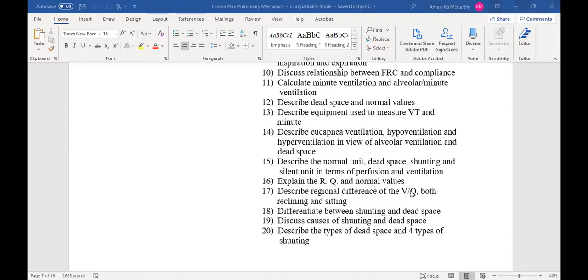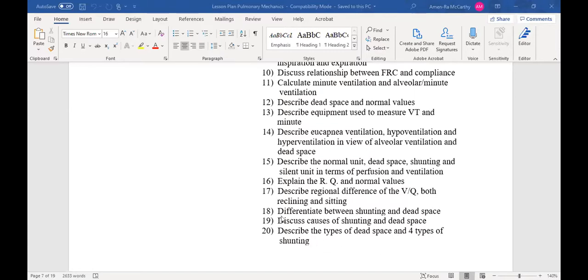We want them to be pretty close, so we have a normal unit. A normal unit will have a nice amount of ventilation and a nice amount of perfusion. Perfusion means blood flow. But sometimes you don't have that. You have a VQ mismatch. One of them is way greater than the other or without the other. And that's when we start talking about those units.